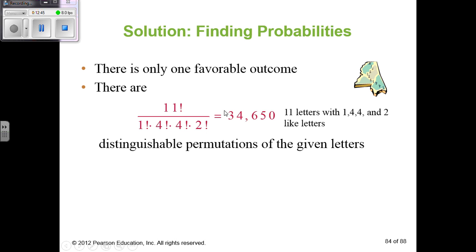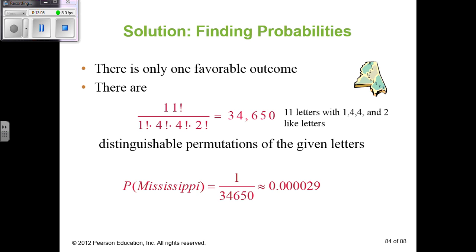Now there are 34,650 distinguishable permutations of those given letters. Okay, that means there's a little over 34,000 different ways to write Mississippi where it doesn't look like Mississippi anymore.